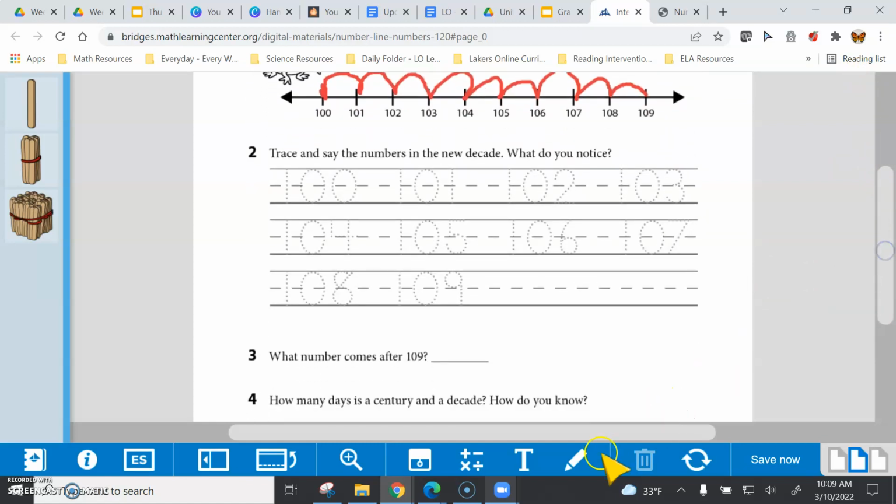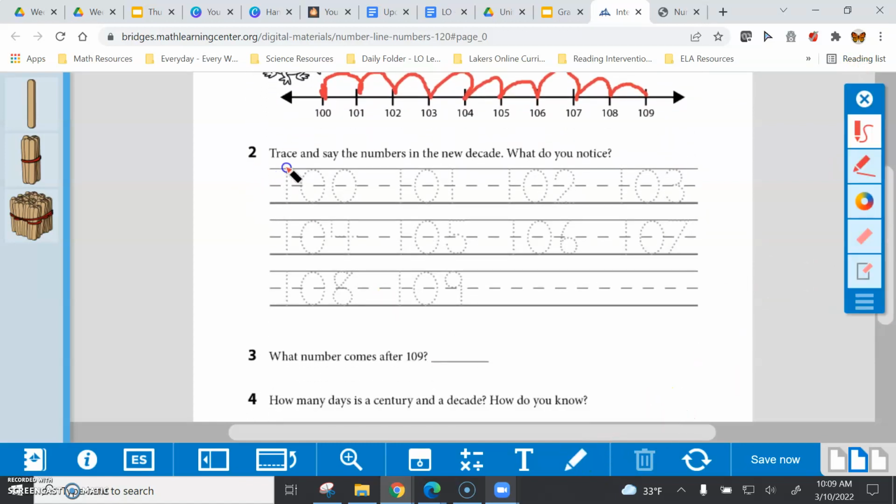As we continue to talk more about numbers, you are going to trace over all of the numbers. 100, and then 101. You notice how it's just 3 numbers. You don't write 4 numbers to say 101. It's 3 numbers. 101.